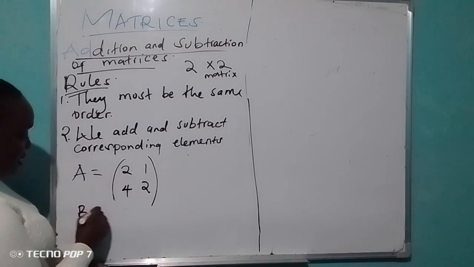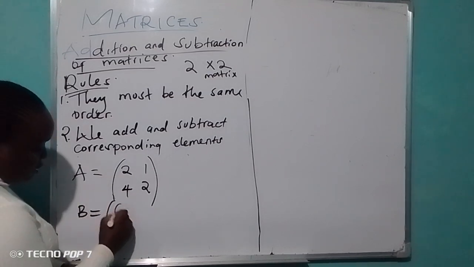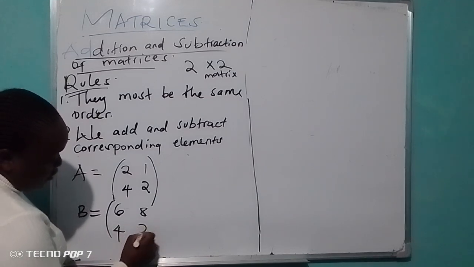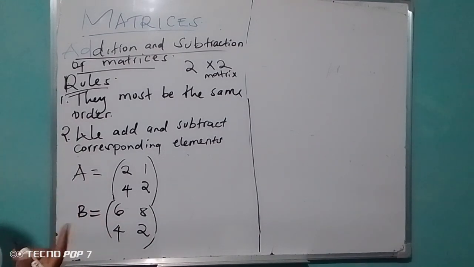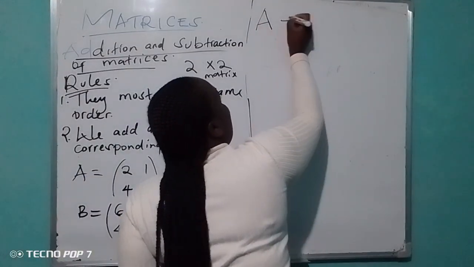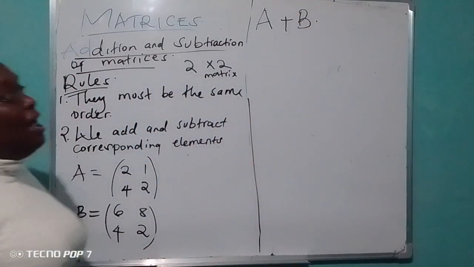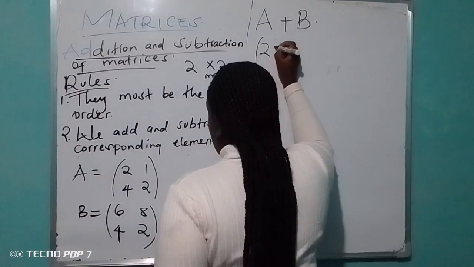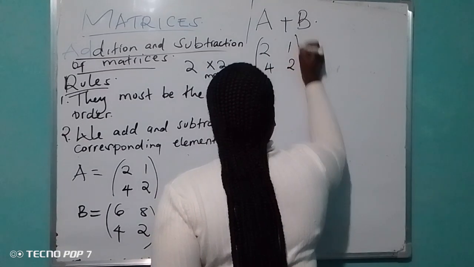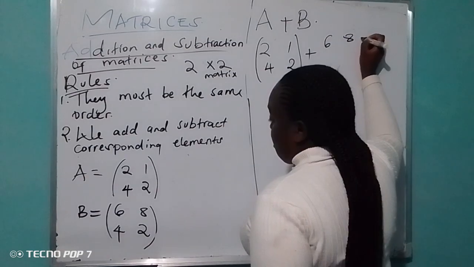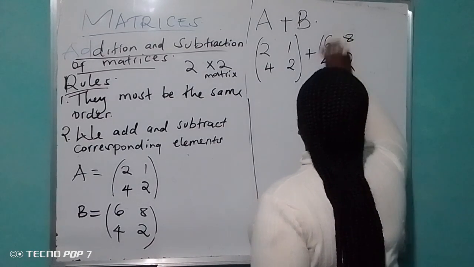Matrix B is 6, 8, 4, 2. So matrix A is that, matrix B is that. So A plus B will give you 2, 1, 4, 2 plus B, which is 6, 8, 4, 2.